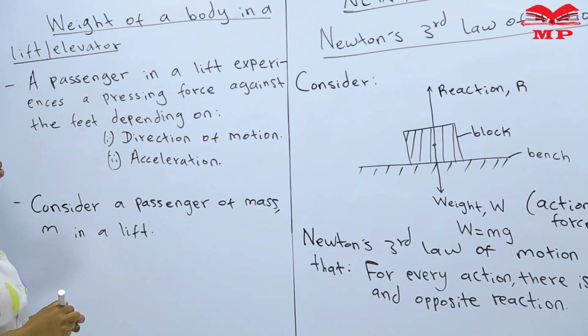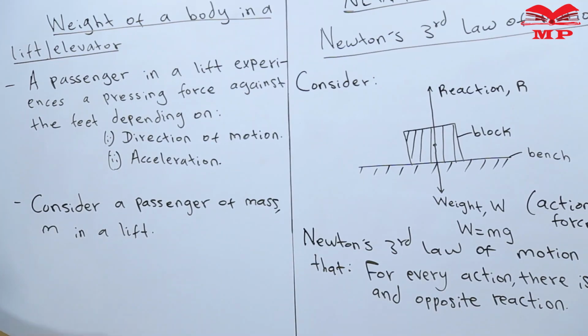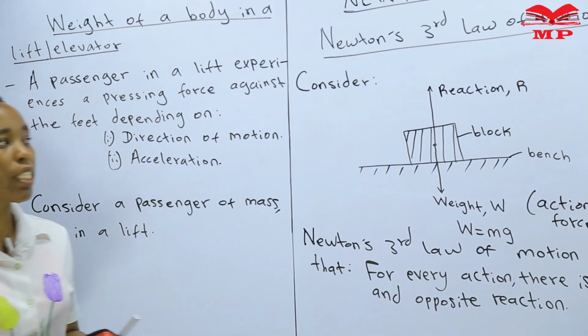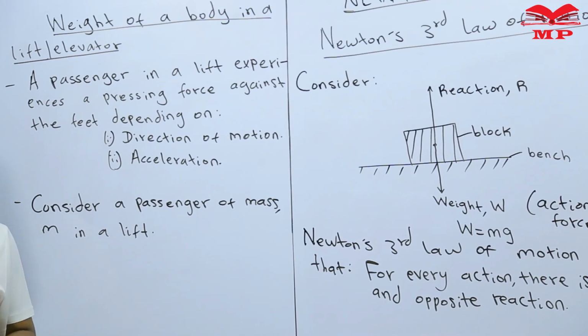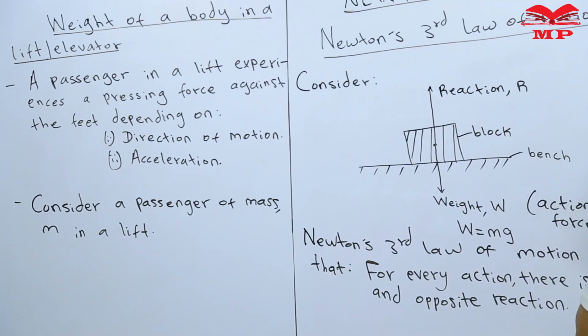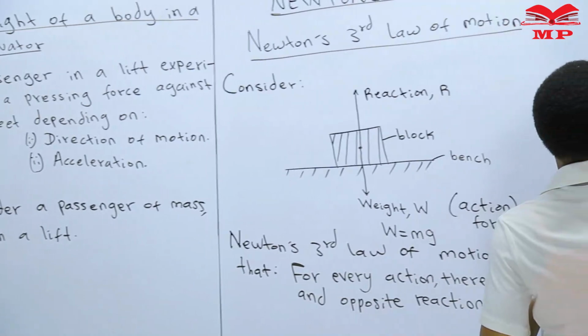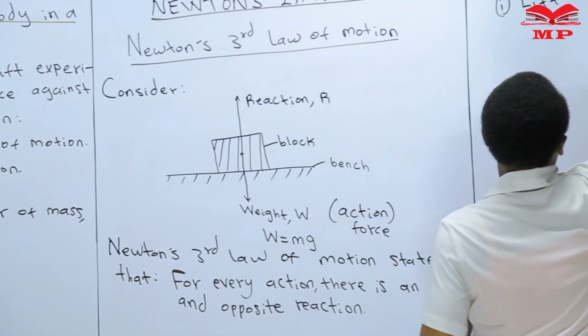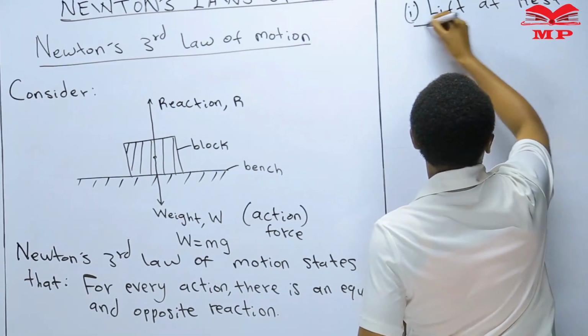And we are going to look at the three cases. First, we consider the weight of a body when the lift is at rest. So we start with the first case, when the lift is at rest.